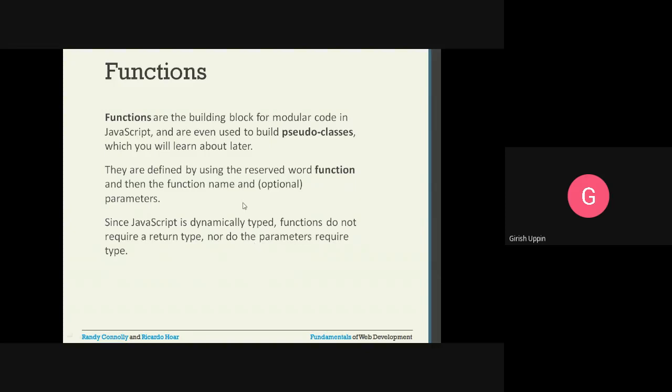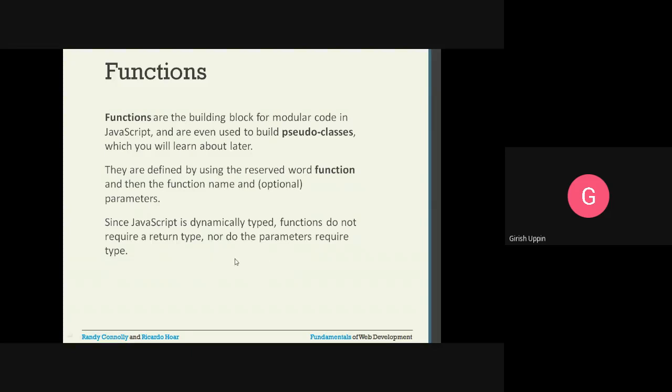And same thing is in JavaScript. We can use the functions to create the modular code, and even to build pseudo classes, which we will learn later. They are defined by using a reserved word function and then function name and optional parameters.